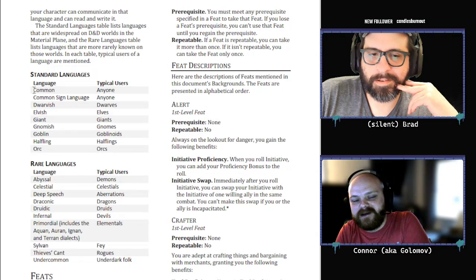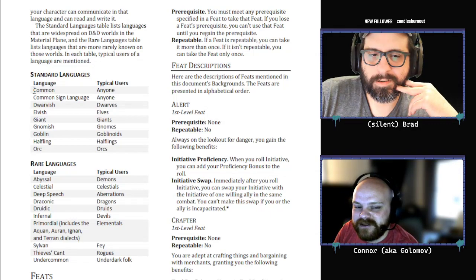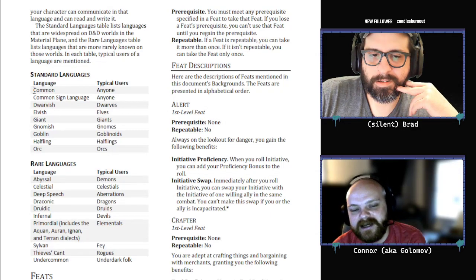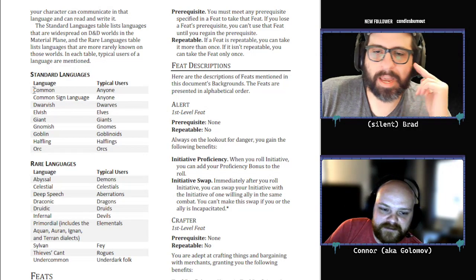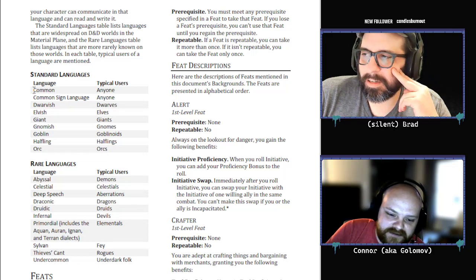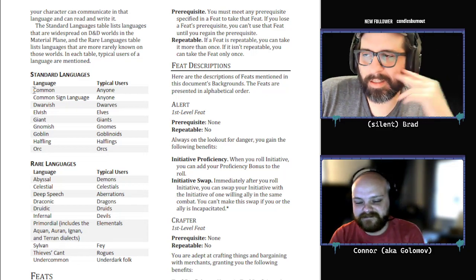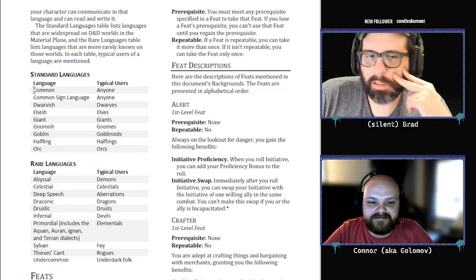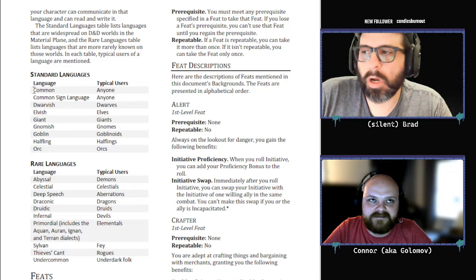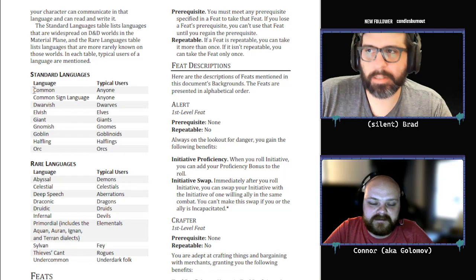I'm sure it's not a big deal to do, like Dwarven Sign Language. Of course, that's 100% a thing. Even if they don't put it in. I think of ASL, but that's only one type of sign language, American Sign Language.